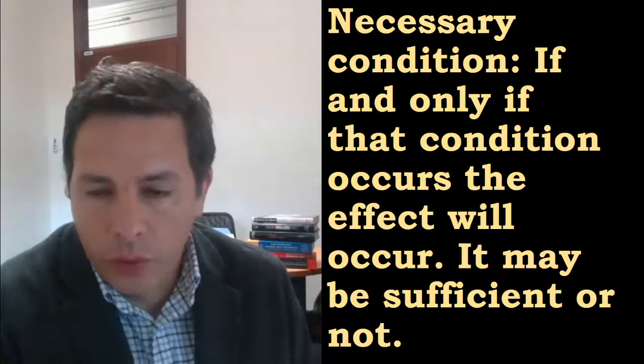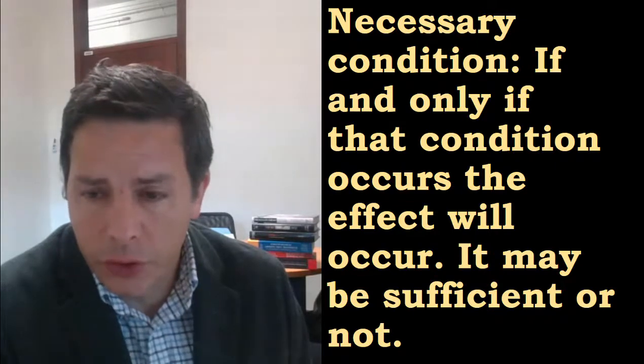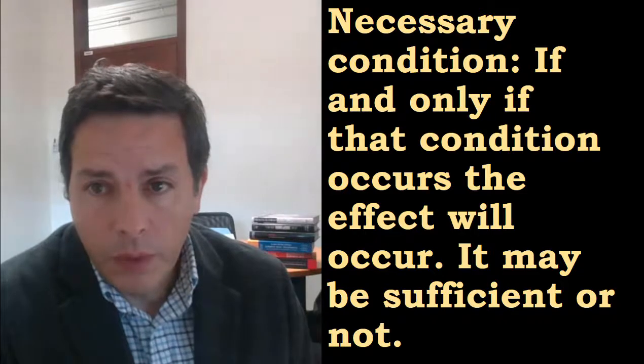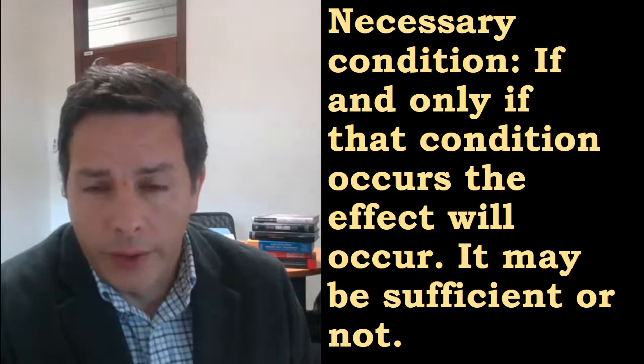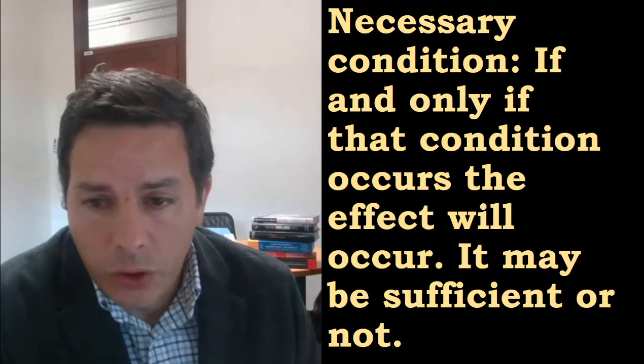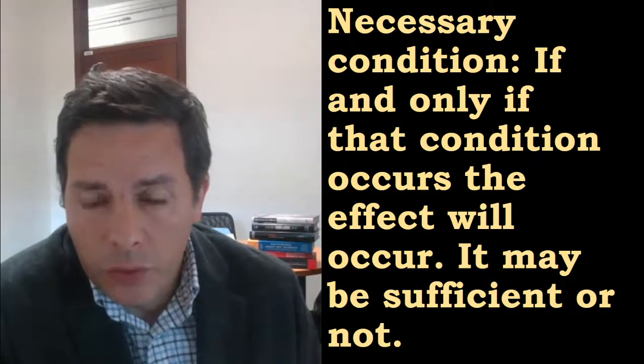So also we say that it may be sufficient or not. A necessary condition may be a sufficient condition or not. It means that if that condition produces the effect and no other conditions are necessary, then it's also a sufficient condition.